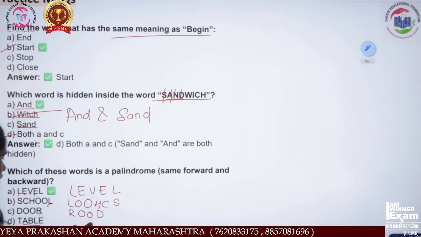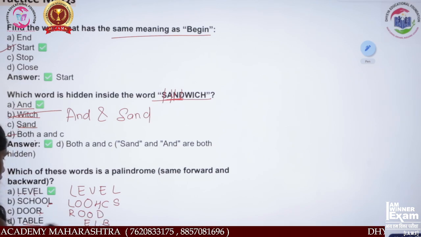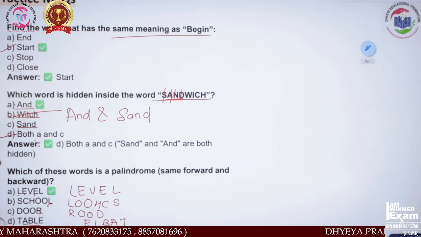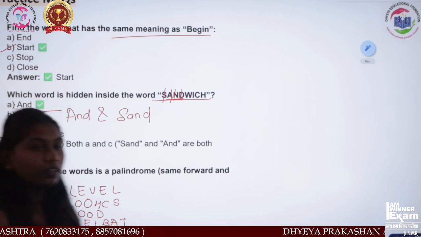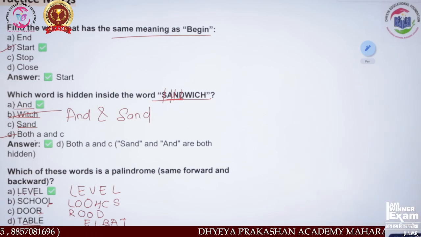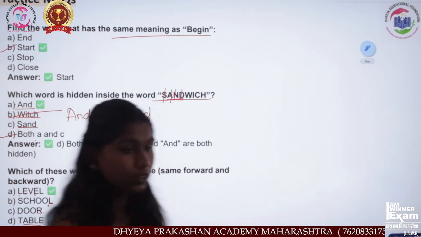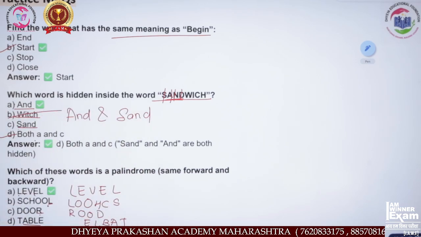Then the next, table, that is E-L-B-A-T. Now which one word remains the same after writing it in reverse order? That is level. So the correct option will be A, that is level.